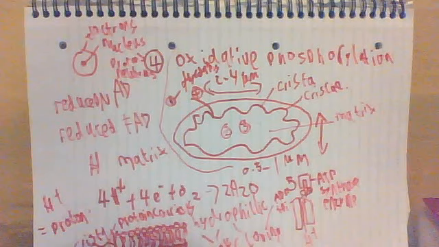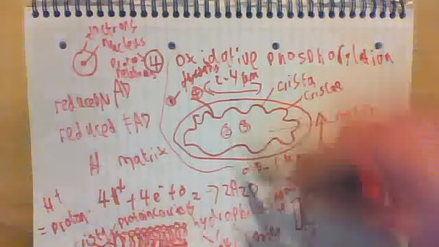This means the concentration of H+ ions in your matrix builds up, which also joins with the electrons that were split from these H atoms. Some of these protons and electrons are used in the process in order to generate water.